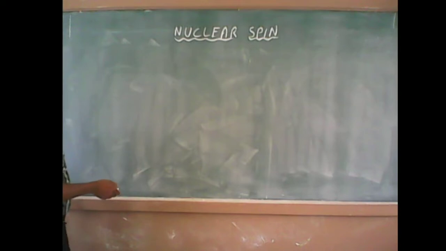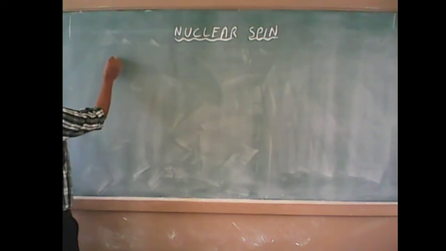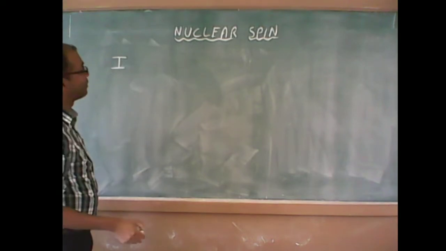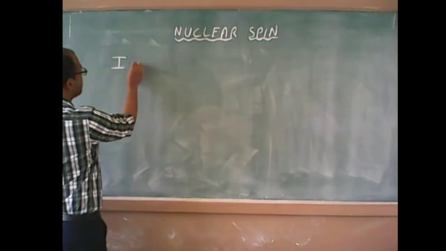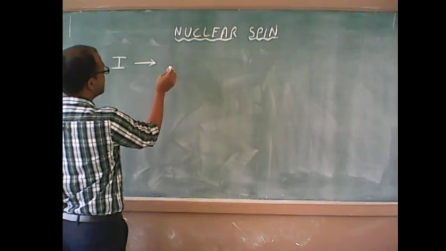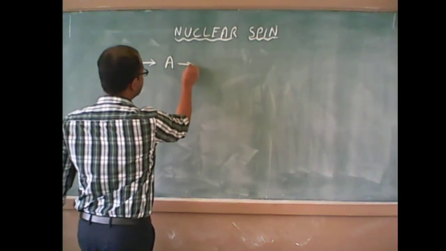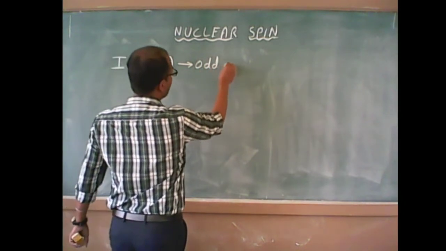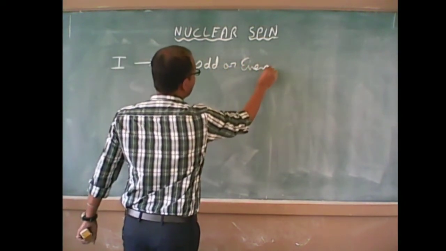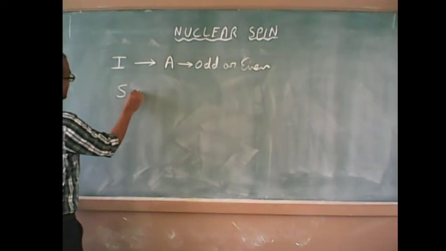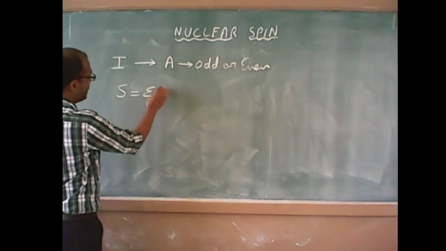Now, what is the measured value of the total nucleus spin? Or what will be the total angular momentum of the nucleus? It depends upon whether the total number of nucleons, that is the mass number, is odd or even. Why is it so? If we consider LS coupling, S is equal to the summation over i of Si.